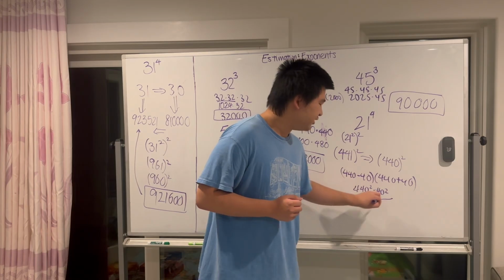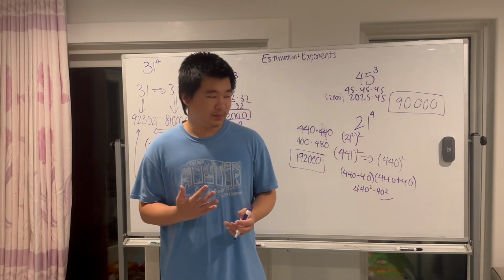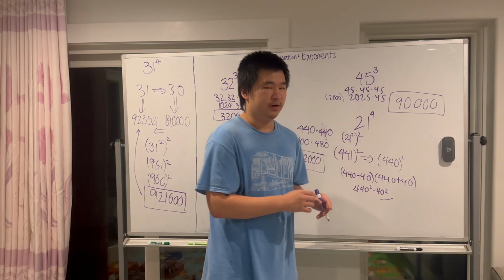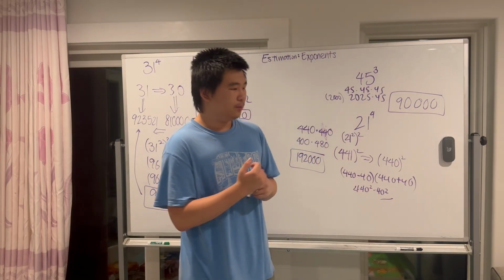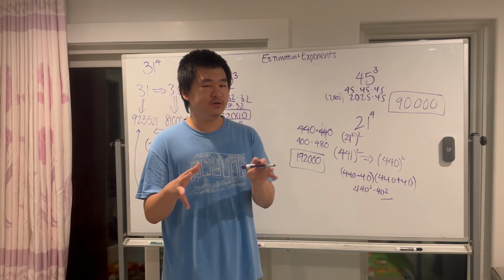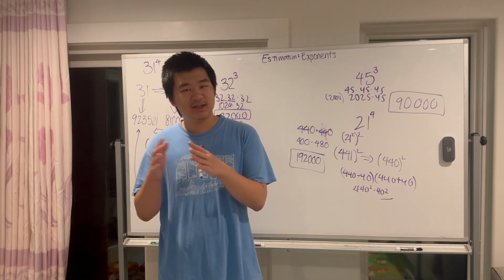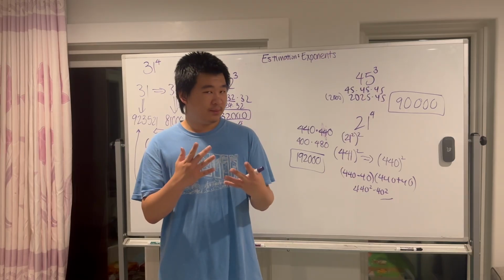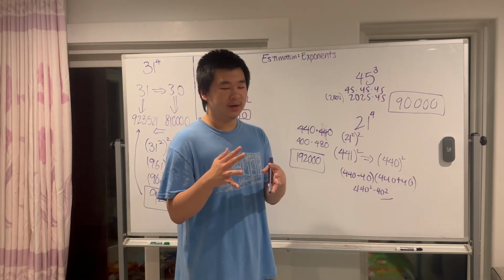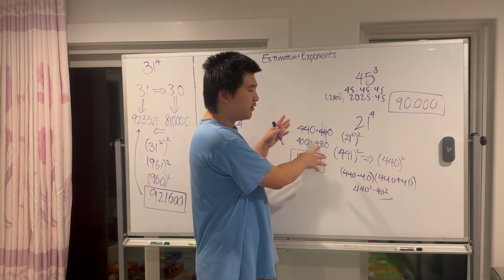So essentially this 40 squared is going to be our error term. However, note that 40 over 440, that's 1 over 11, right? But when you square that, it becomes 1 over 121. In other words, 1 over 121 is basically our difference, and that is less than 1%, which is very much in bounds for estimation.